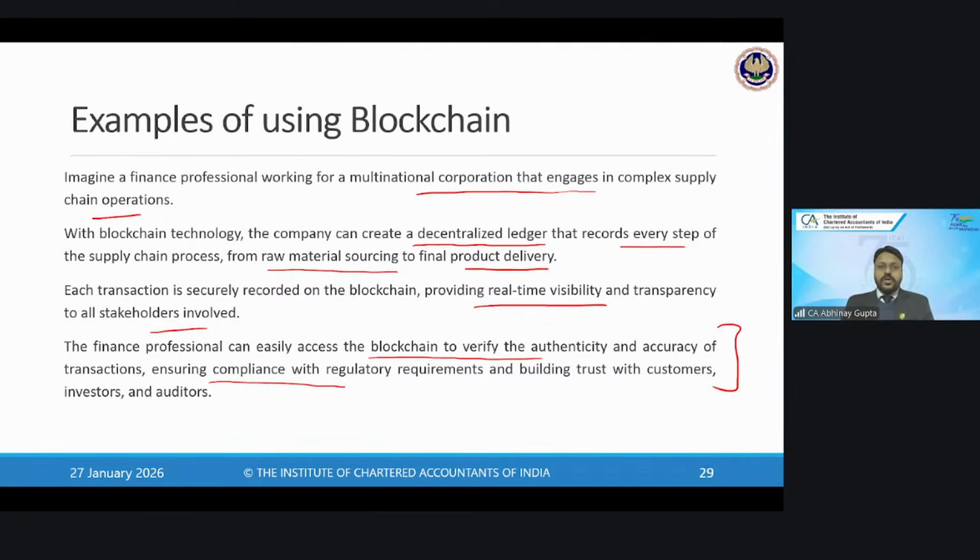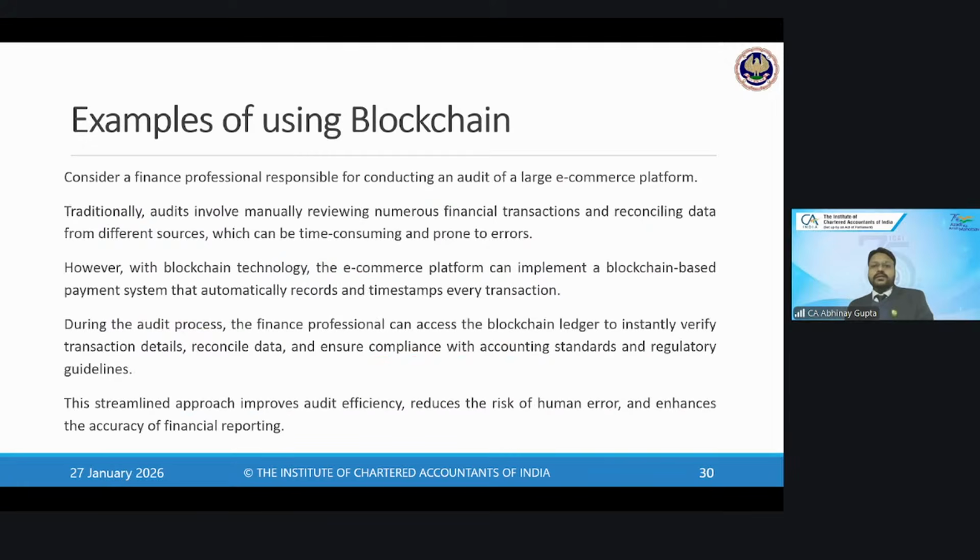So you don't need to verify the things yourself the way you are doing in the current scenario, by looking at different reports: purchase report, sales report, collection report, invoice report, open POs, dispatch reports, right? So we don't need to reconcile all these reports. It is automatically taken care of by the blockchain.